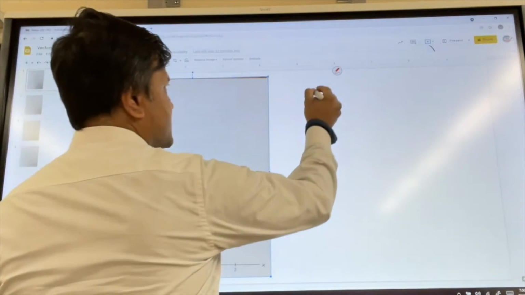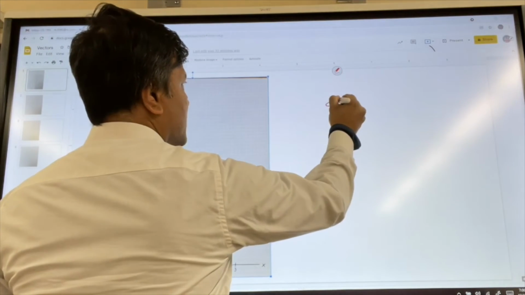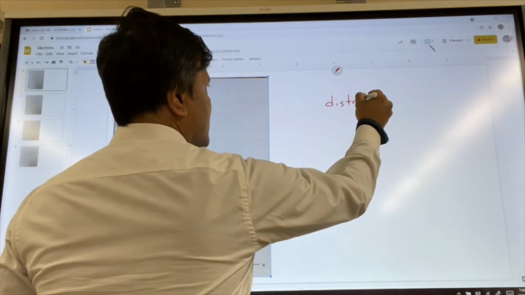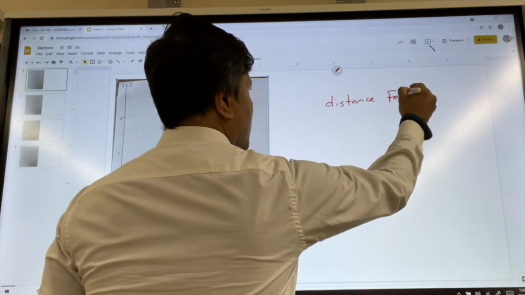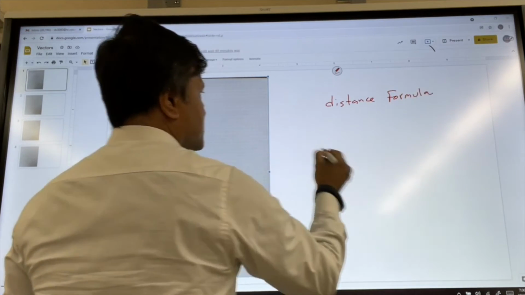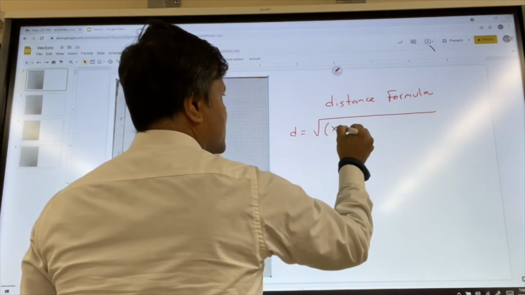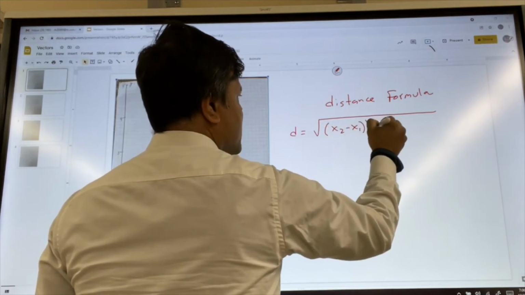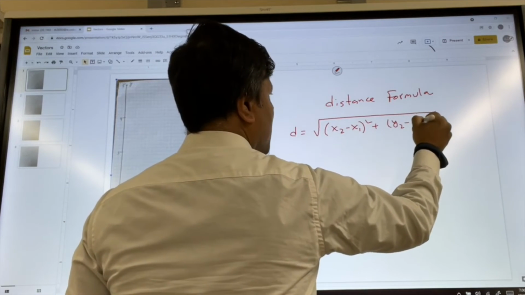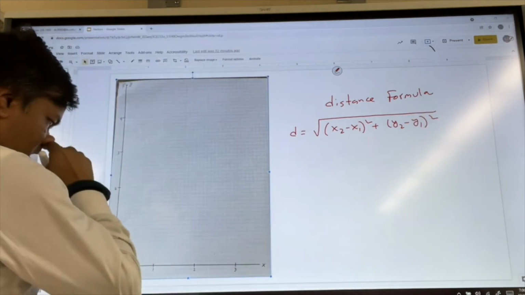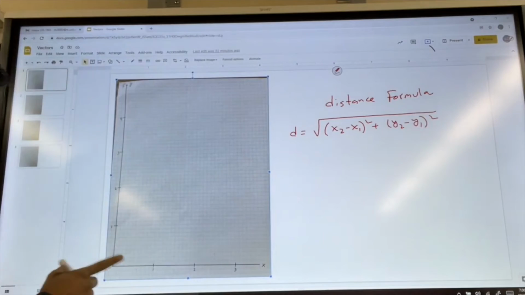All right, now we're going to use the distance formula. So I remind you, this is the distance formula: d is equal to the square root of x2 minus x1 squared plus y2 minus y1 squared. All right, so now let's draw the vector.